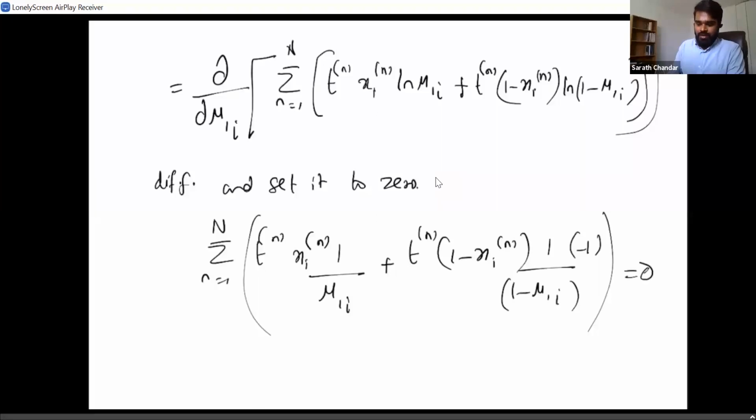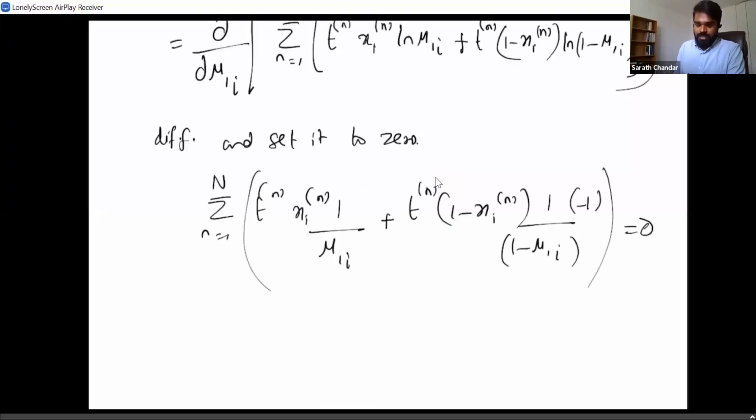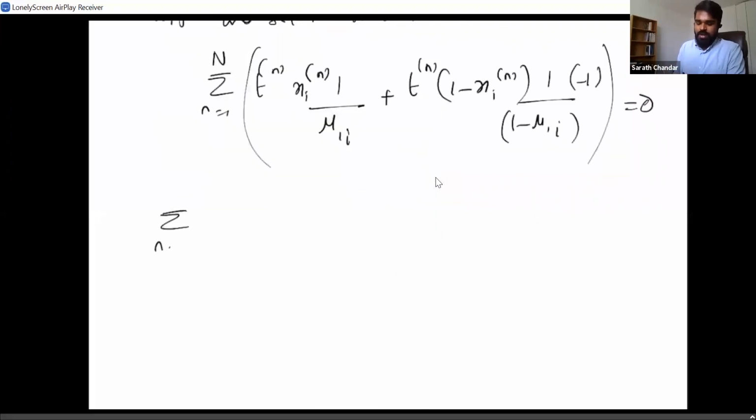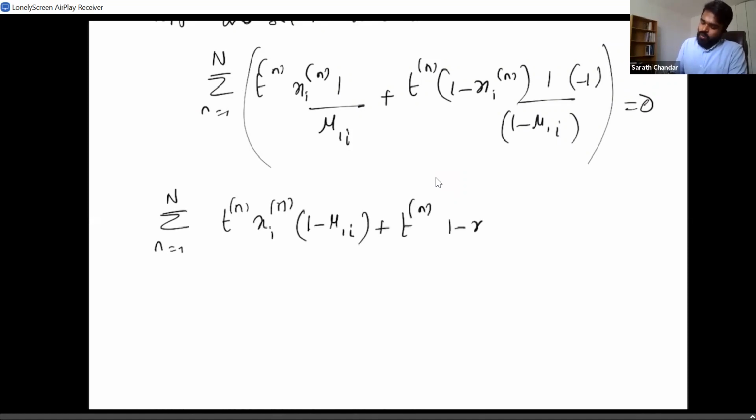So it becomes tn xin multiplied by 1 minus mu1i, minus tn 1 minus xin multiplied by mu1i, and the whole thing is equal to 0.